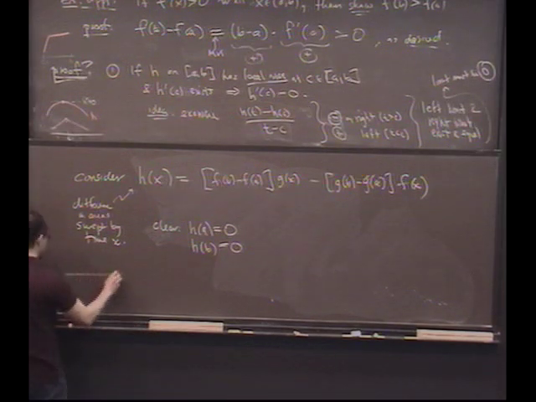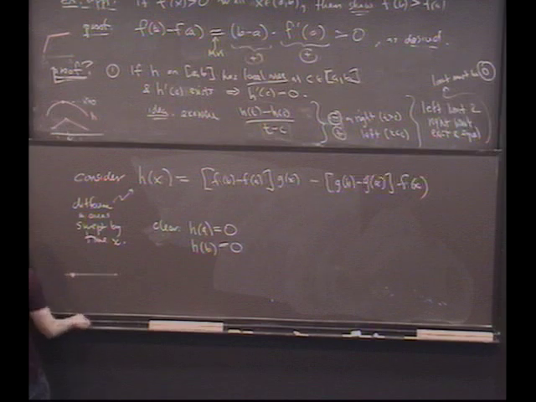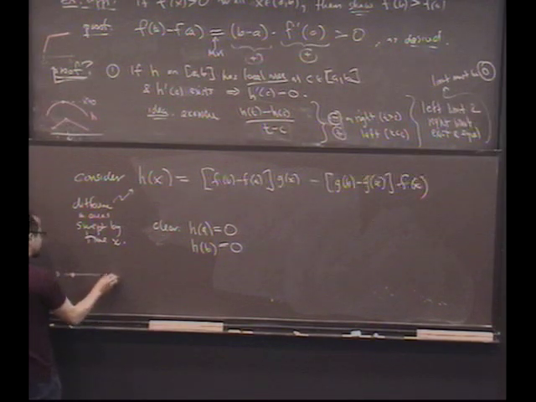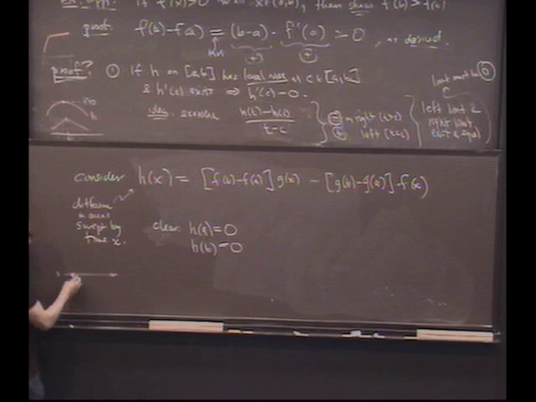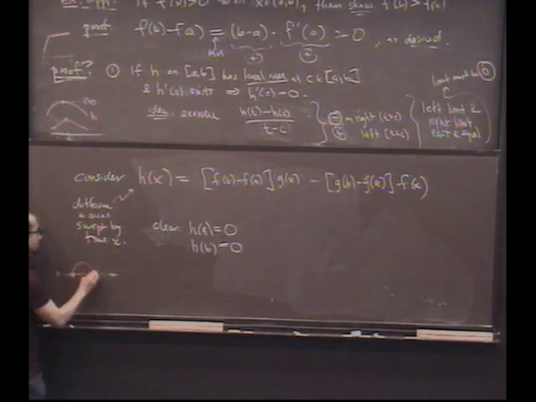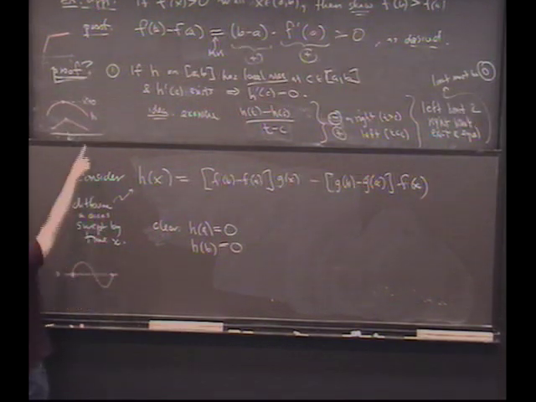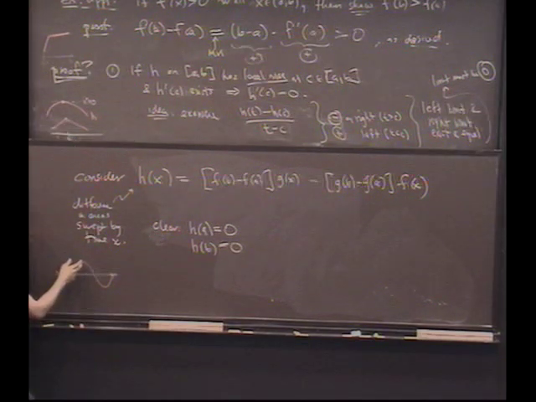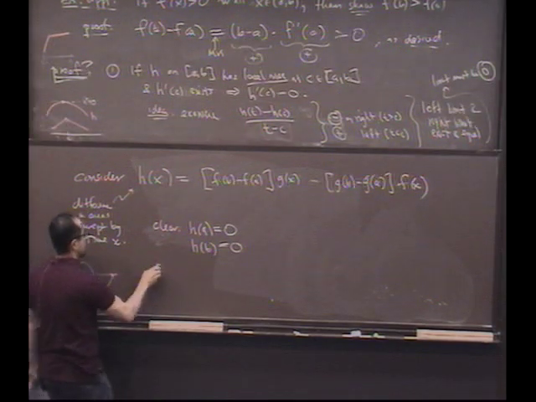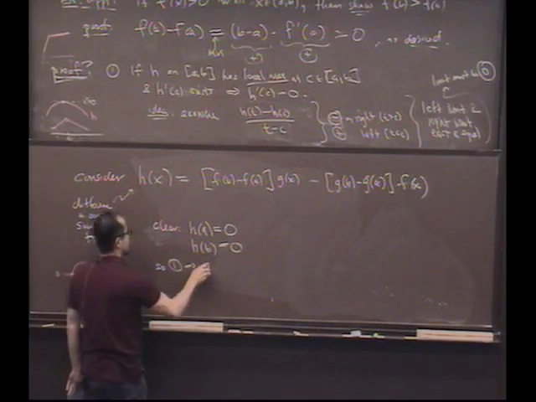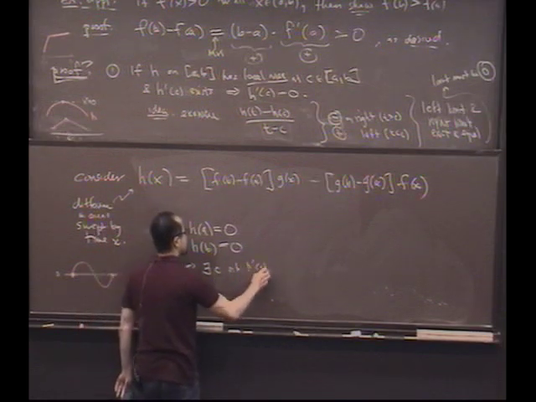So if you have a function h that starts at 0 and ends at 0, then what can you conclude about this function? Who knows what this function looks like, but would you agree that it must have either a maximum or a minimum? That theorem's true whether it's a max or a min. But there's some point in between where the derivative is 0. So by the earlier result, there exists a c such that h prime of c is 0.